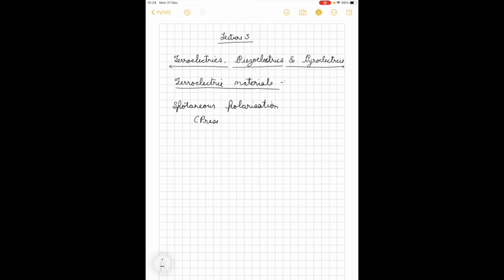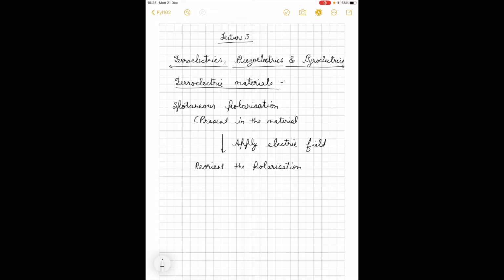This is present in the system, and I'll tell you the reason why it is present in the material. And once you apply an electric field, one can reorient the polarization, P or PS, or whatever you want to call the polarization.